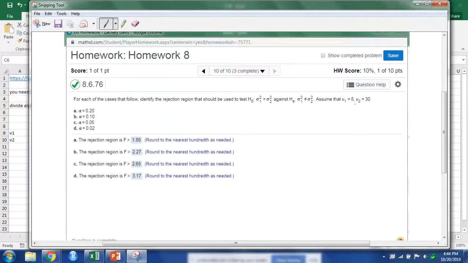V1 is your numerator degrees of freedom, and V2 is your denominator degrees of freedom. So what you have to remember is you have to divide each of these alphas by 2. So 0.2 divided by 2, so we want to look at 0.1.